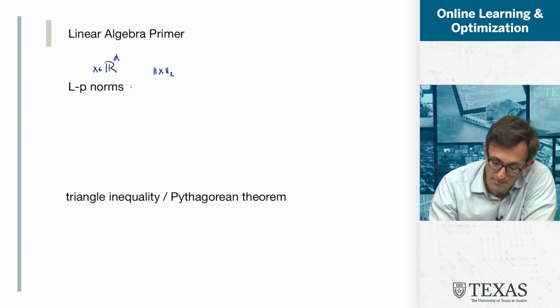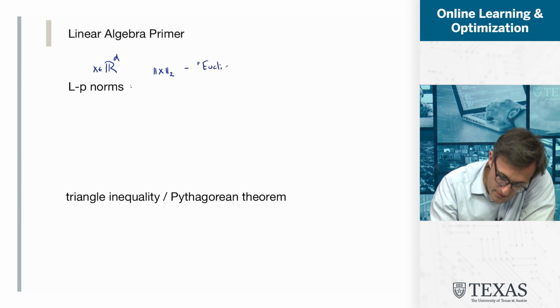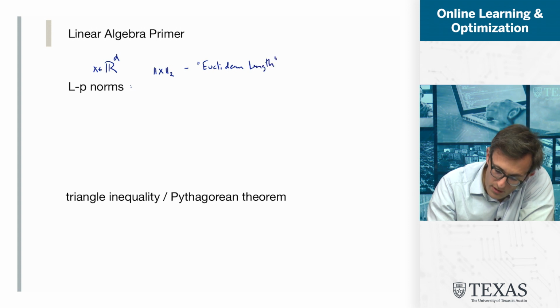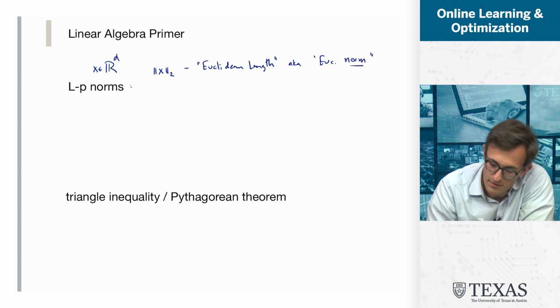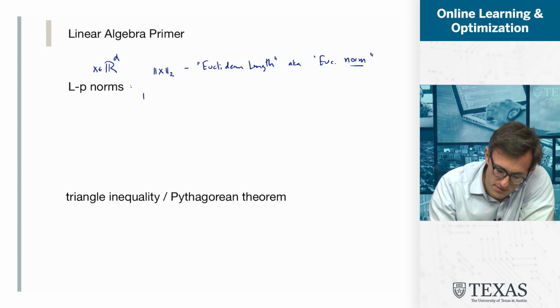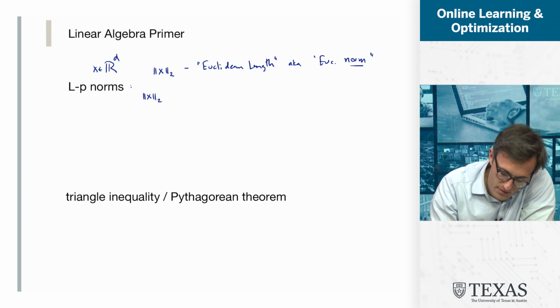Well, what this actually means is, this is called the Euclidean length, or the Euclidean norm, and it's defined as follows. It's the square root of the sum of the individual components squared.